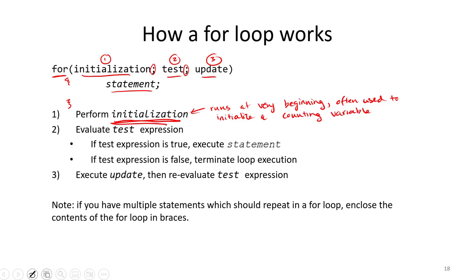Then we evaluate the test expression. This is the Boolean statement. And again, the Boolean statement will decide whether our loop keeps running or how long to run. So if that Boolean statement is true, then we execute the statement inside the loop.